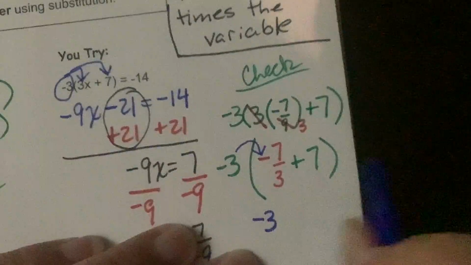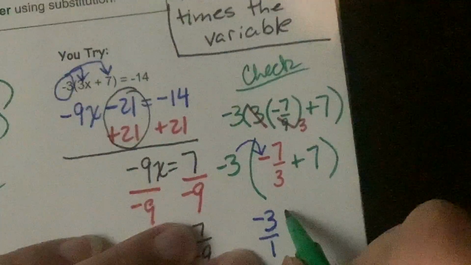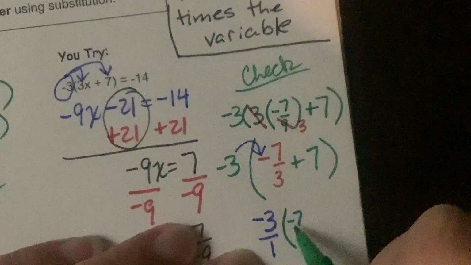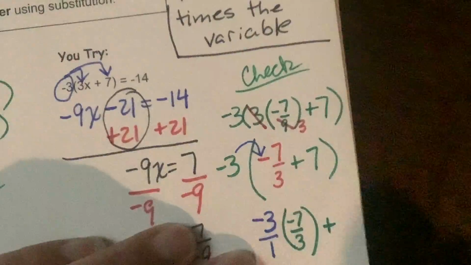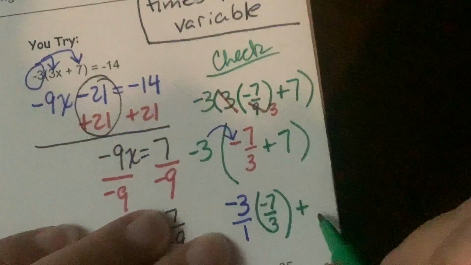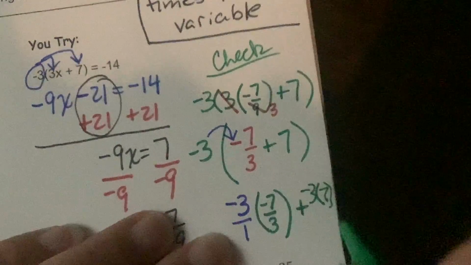Negative 3 over 1 times negative 7 over 3 plus, and that's just going to be negative 3 times 7. And I'm running out of paper because, you know, think ahead.